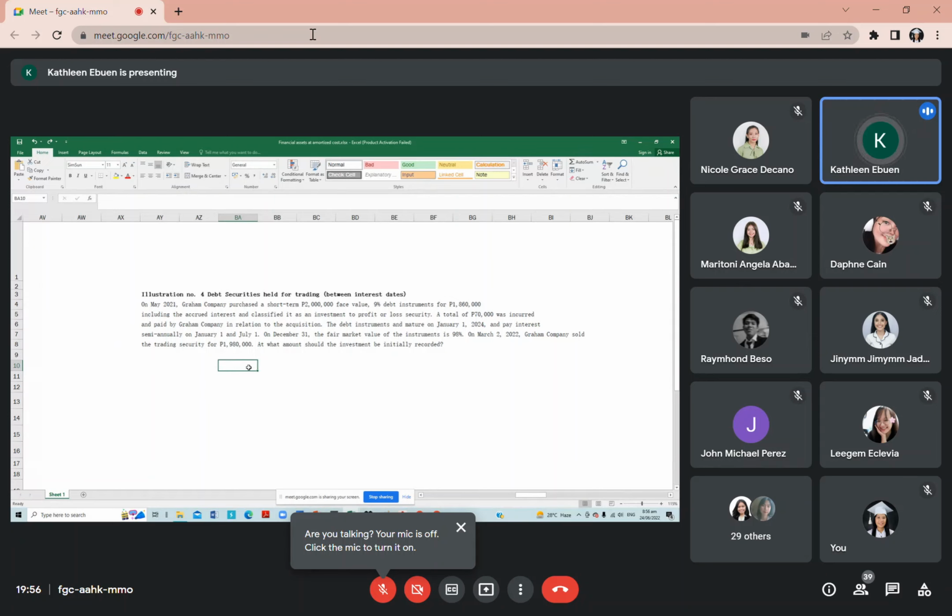So, ang initial recognition natin dun, class, is the fair value and ignore the transaction price. And the fair value is equal to the acquisition cost of 1,860,000. Meron na naman daw accrued interest, therefore tatanggalin natin yan.